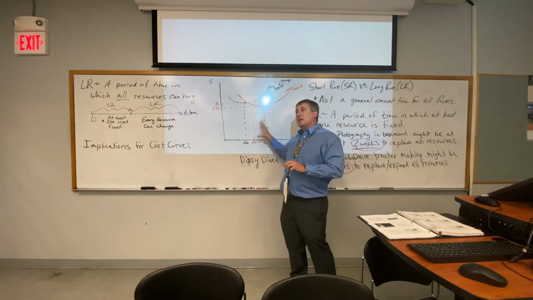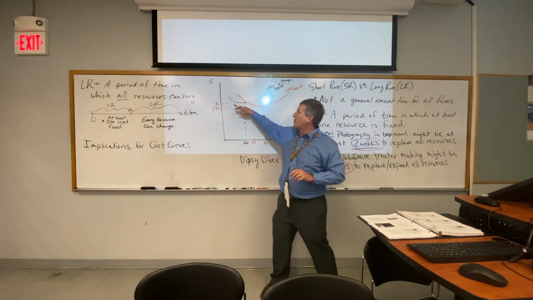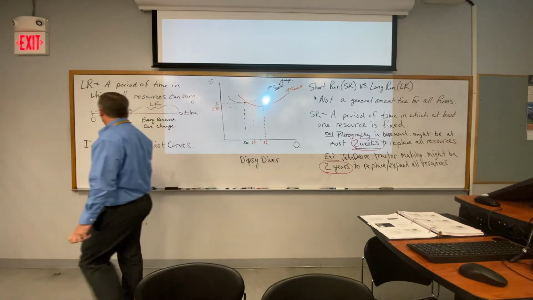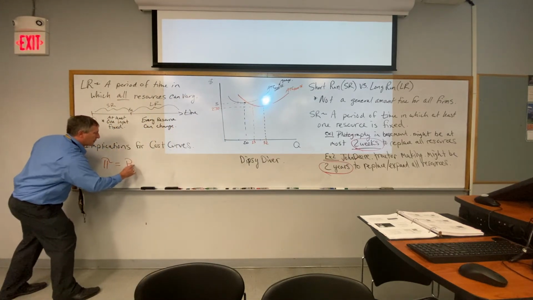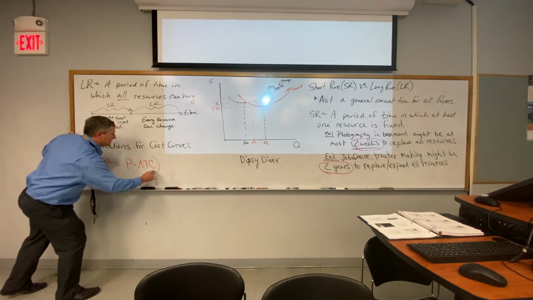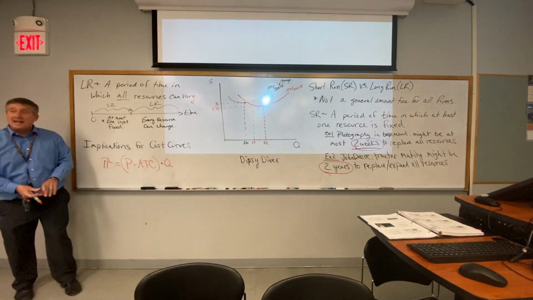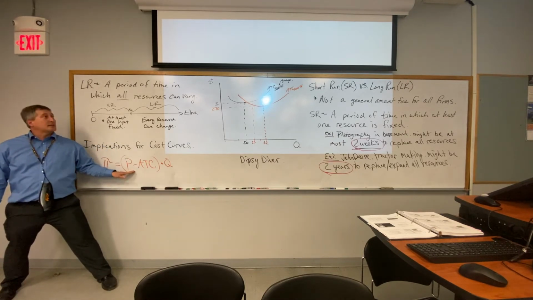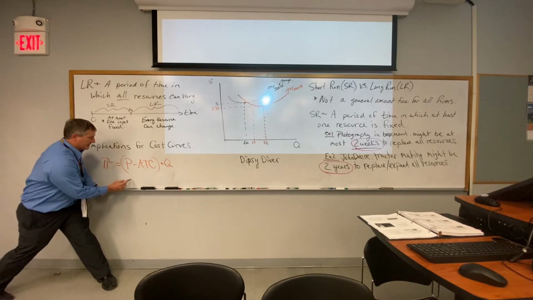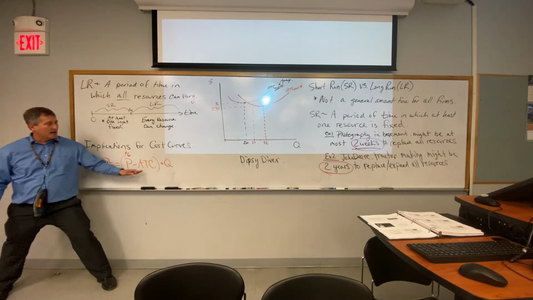But now that I've gotten into a bigger facility and I'm doing a larger volume of business, I'm able to bring down my costs. So in that profit formula of price minus average total cost times quantity, I'm making more money, right? Price is still, I'm selling this product for $6, let's say, just to make up a number.